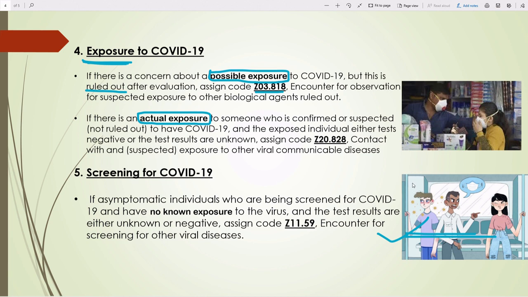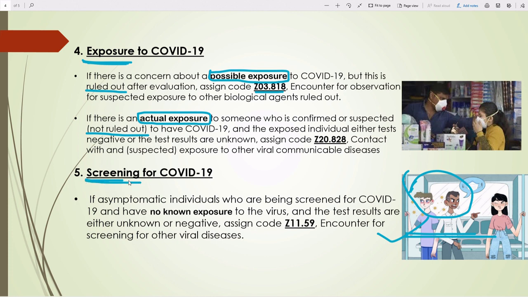That is contact with and suspected exposure to other viral communicable disease. So here there are two major differences: possible exposure, and actual exposure not ruled out. So while coding exposure to COVID-19, we have to be very careful.